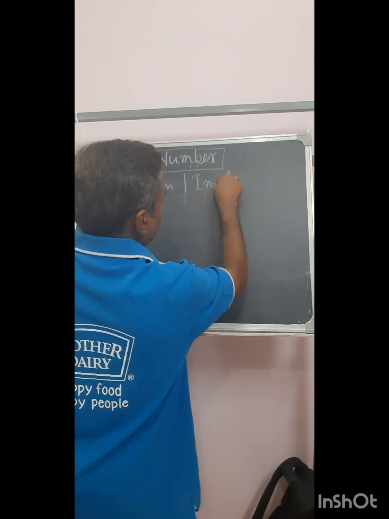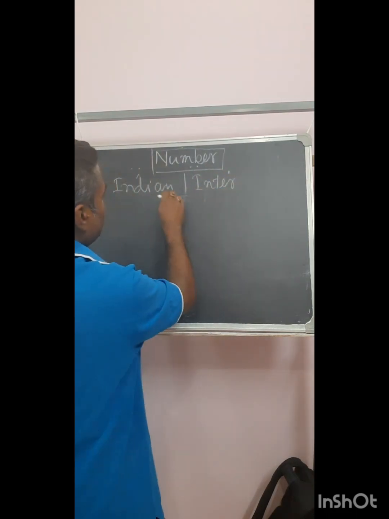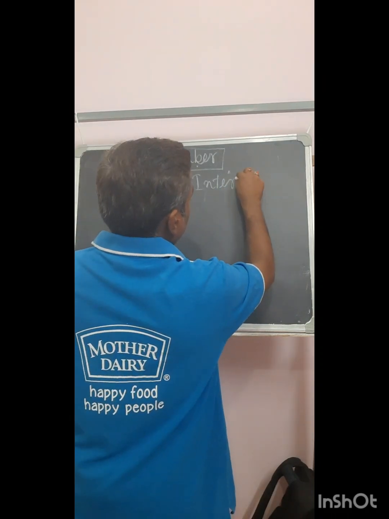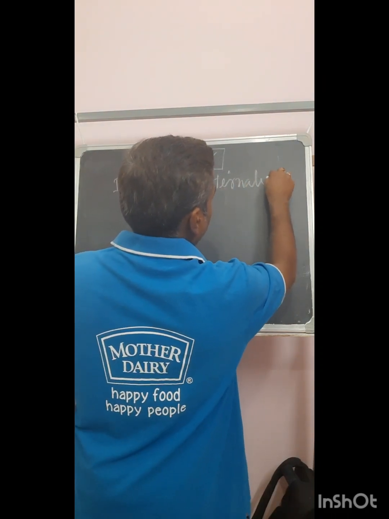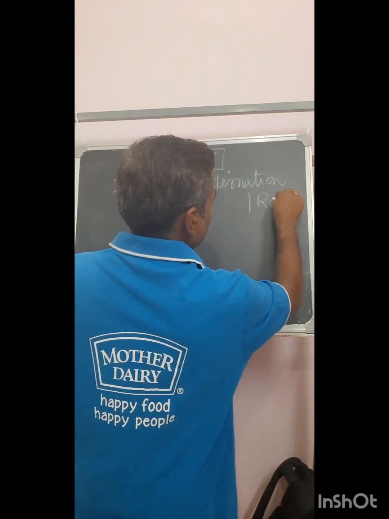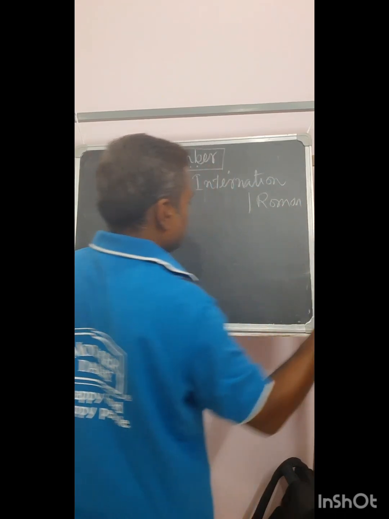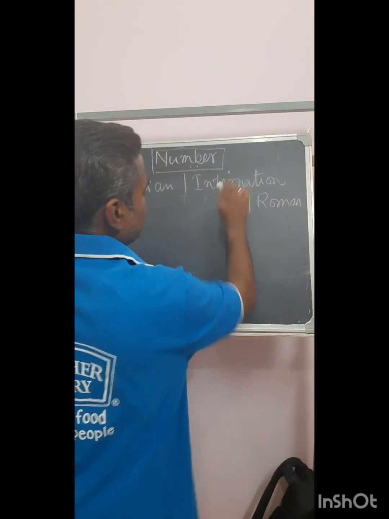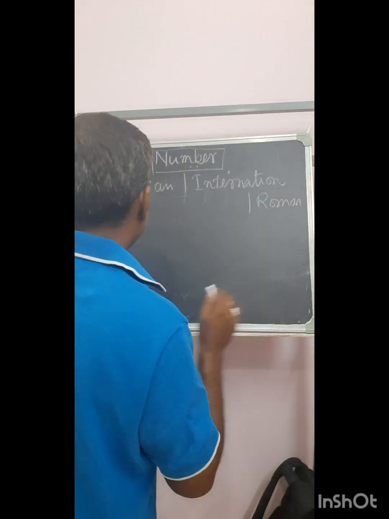There are deviations in Indian and international systems, and another mode is totally separate, that is the Roman system. I will come to the Roman system later on. First I will discuss the Indian and international systems.